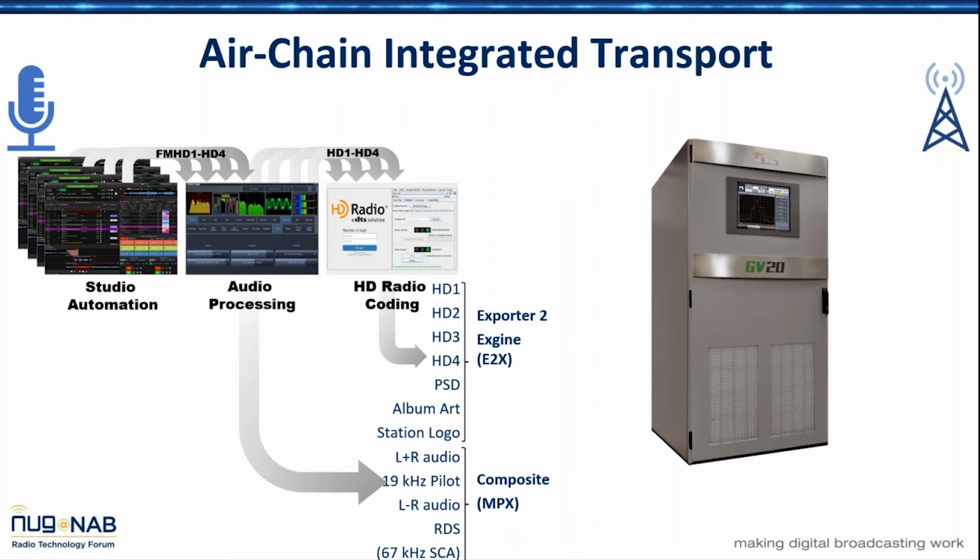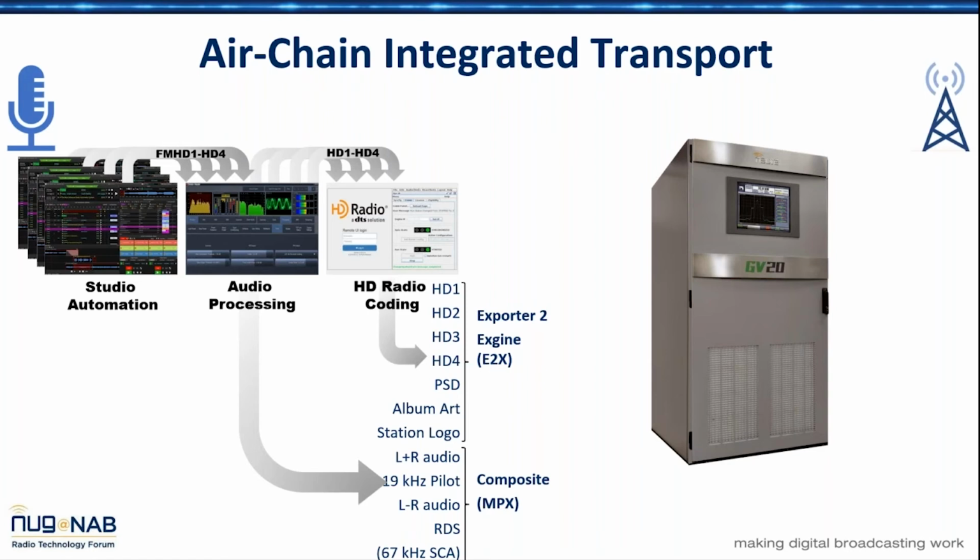It's HD 1 through 4, program service data for all of these channels, album art, station logo, traffic. I didn't even put that in there, but any kind of traffic service or other data services. And you've heard Xperi talk about the new data services or the new service modes, so it will open up a whole lot of other application areas too.